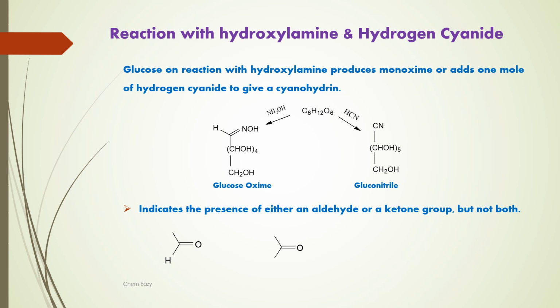Glucose reacts with hydroxylamine to produce a monooxime, that is glucose oxime, and adds only 1 mole of hydrogen cyanide to give cyanohydrin, that is gluconitrile.